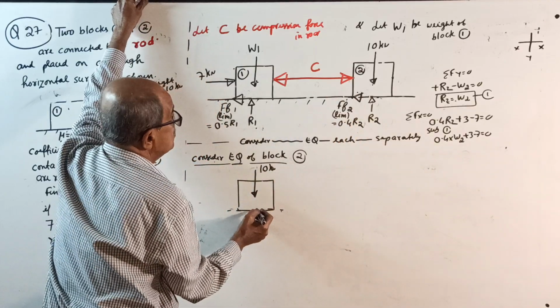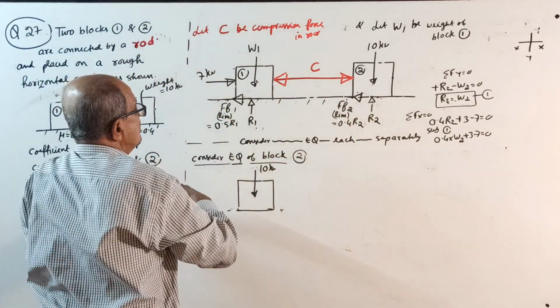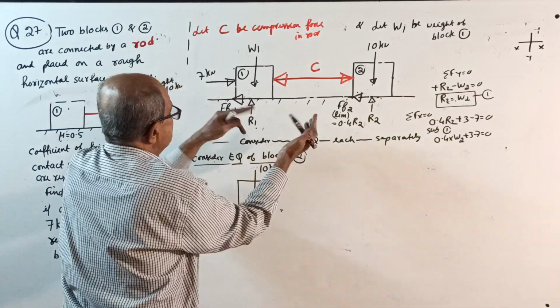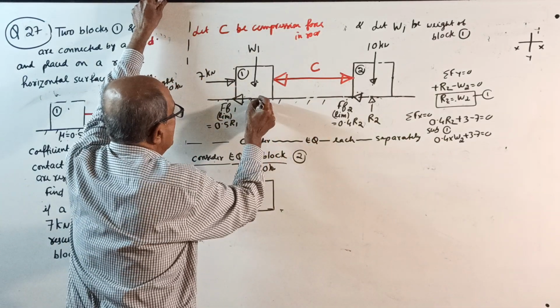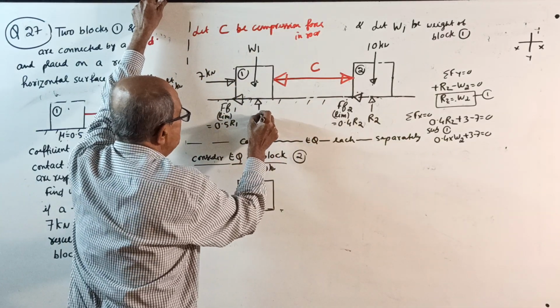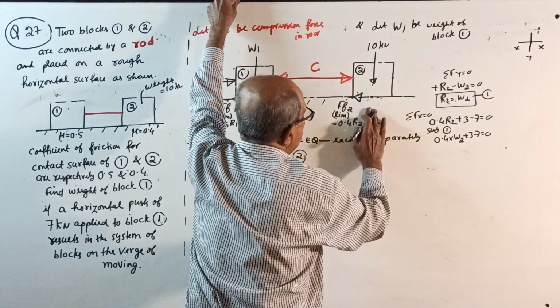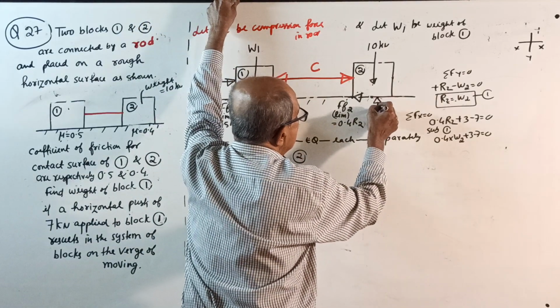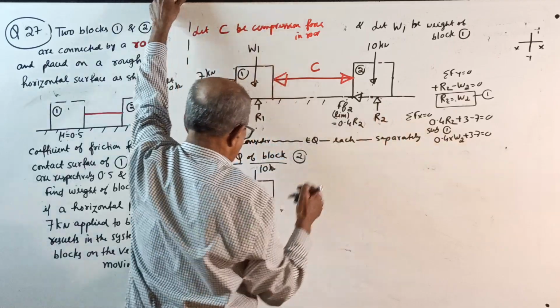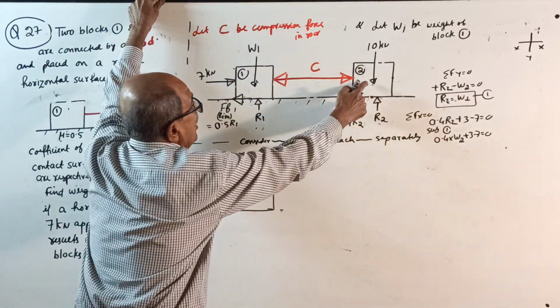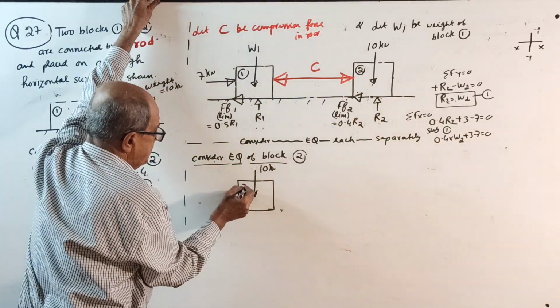Normal reaction R2. Moving which side now? Moving this side. Okay, friction force. Moving that side, no? So I should shift R1 slightly that side. Okay, no problem. You don't bother about it, because I do not want to make a mistake. R2. Okay. Block 2 first. See, you are considering block 2 first.